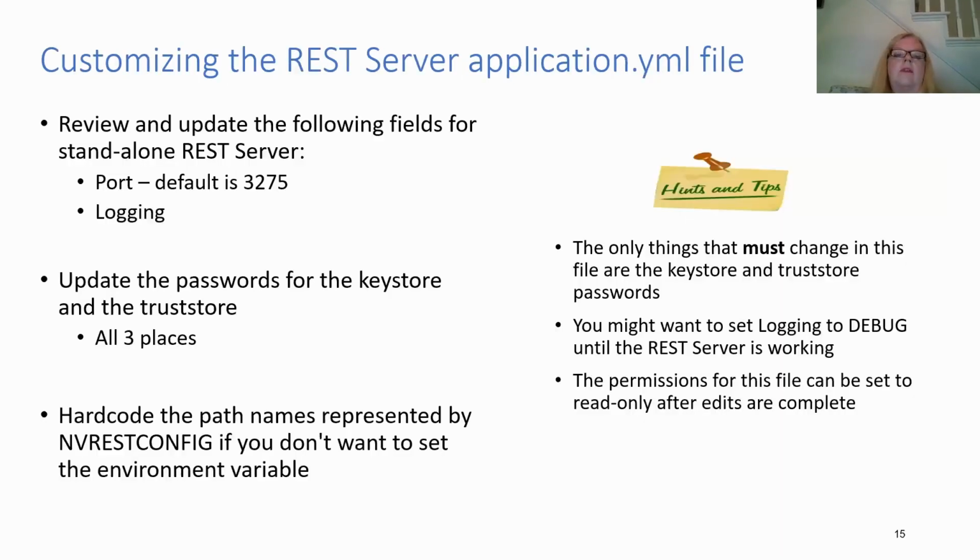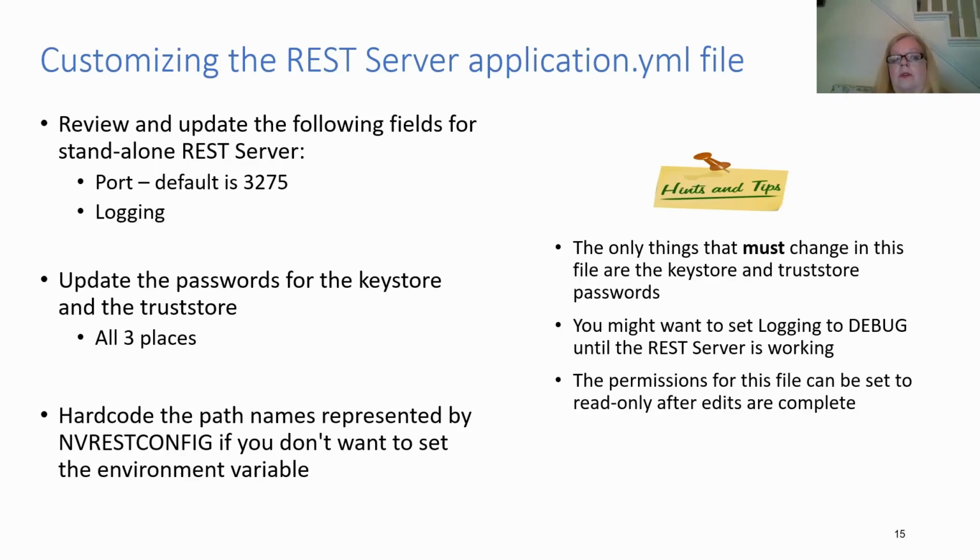Okay, so now that you've got your key store and trust store, let's go ahead and set up your application.yaml file. So the first thing you'll want to look at is your port. Our default port is 3275. If you can use that, great. You don't have to change anything. If you want to change the logging from info to debug or some other setting, then you'll need to review that and make your decision.